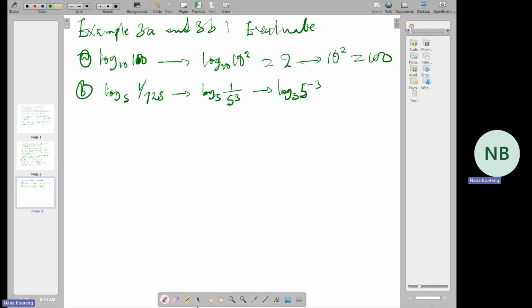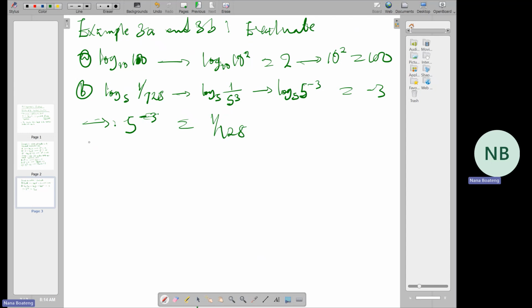And this equals negative 3 because 5 power negative 3 is equal to 1 divided by 125.